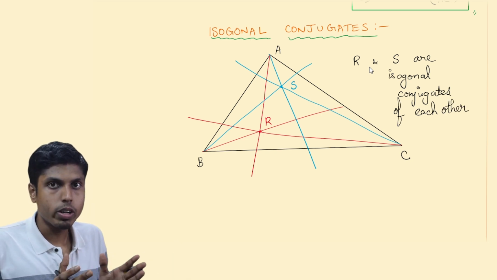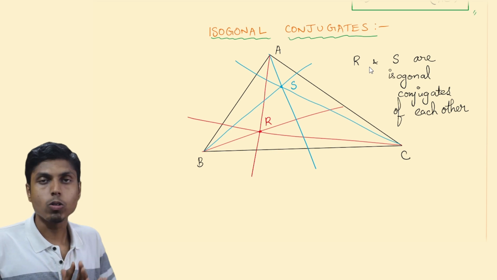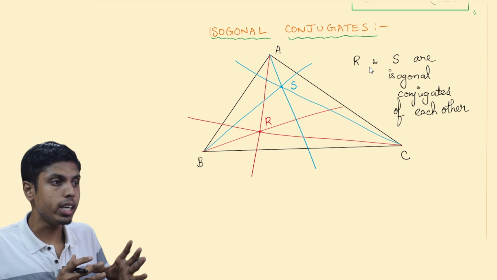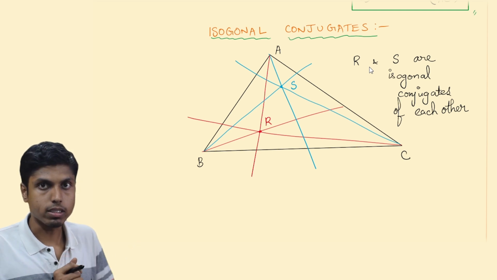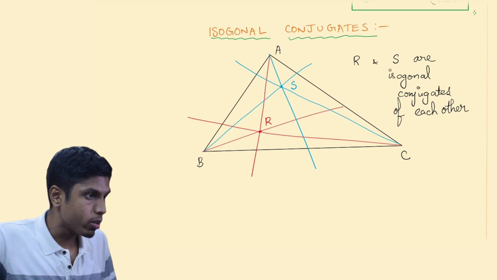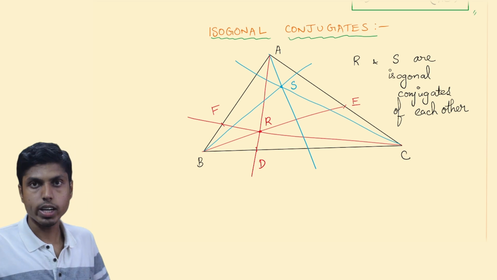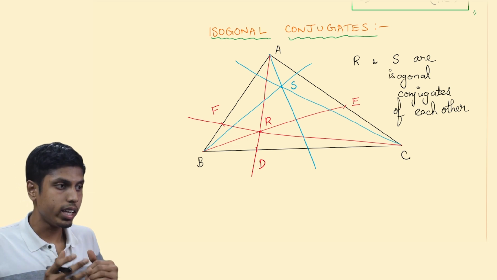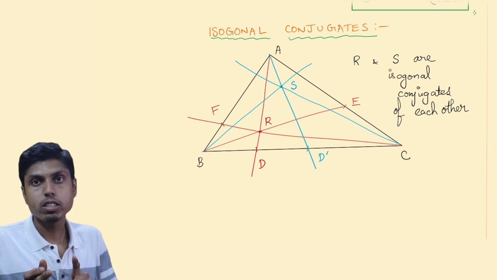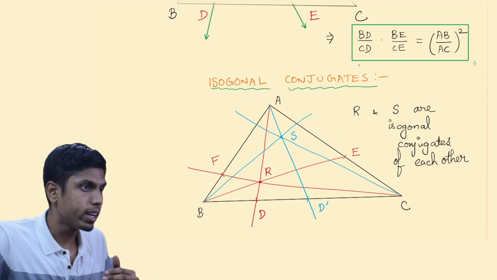So you might be pondering why the isogonal lines should concur. And this is a direct consequence of Ceva's theorem applied along with the equation that we have proved for isogonal lines, the ratio of division of isogonal lines. So let's consider the points of intersection of these three cevians corresponding to red color as D, E, F. This implies we can define the points of intersection of the blue lines from the formula that we had derived here.